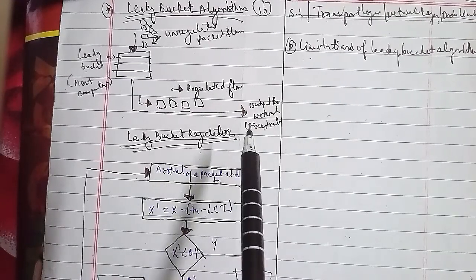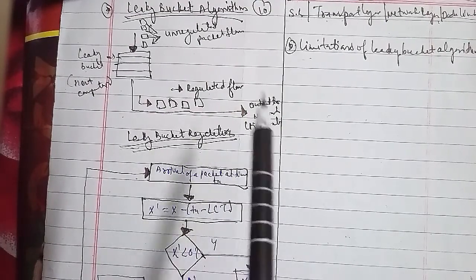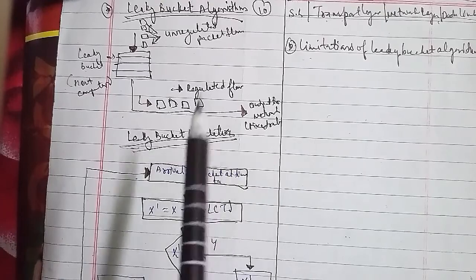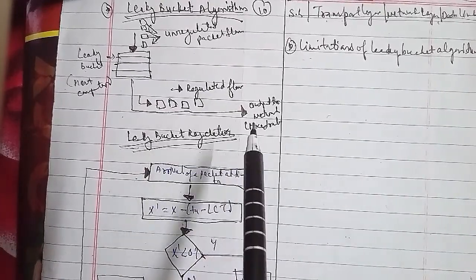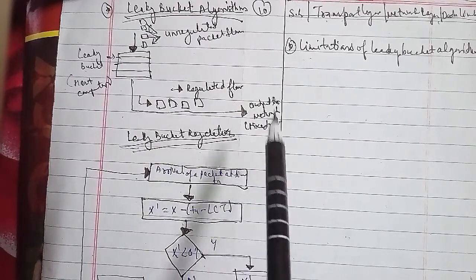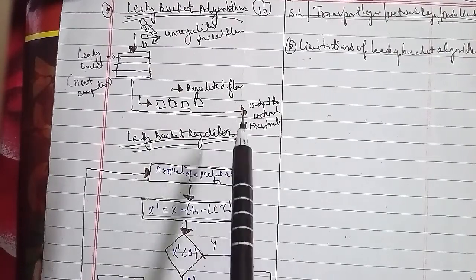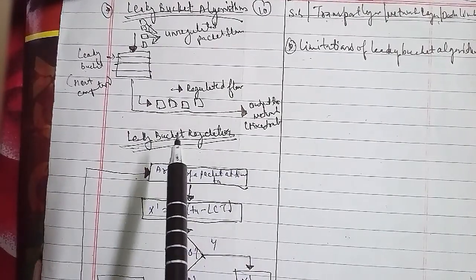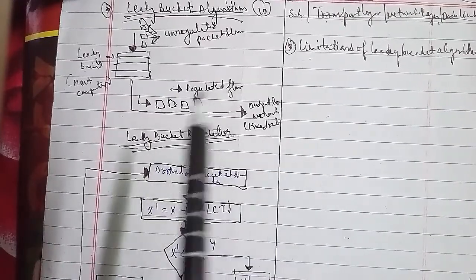For the token bucket regulator, which we discussed in this class, the bucket holds tokens periodically, the regulated flow goes through it, and the output to the network is at a fixed rate. So the token bucket capacity is C, and the token arrival rate is ρ bytes per second. The maximum output rate is M, denoted in bytes per second.